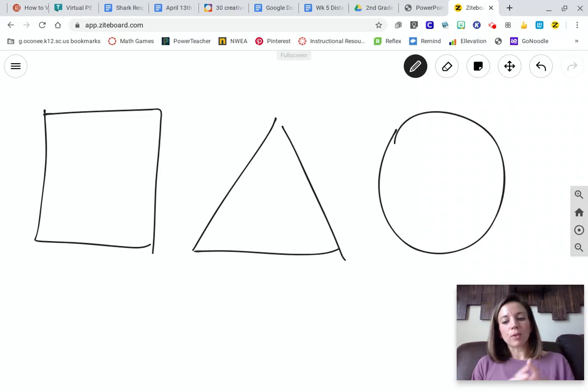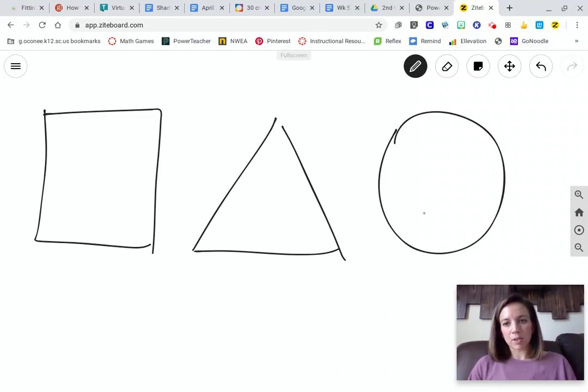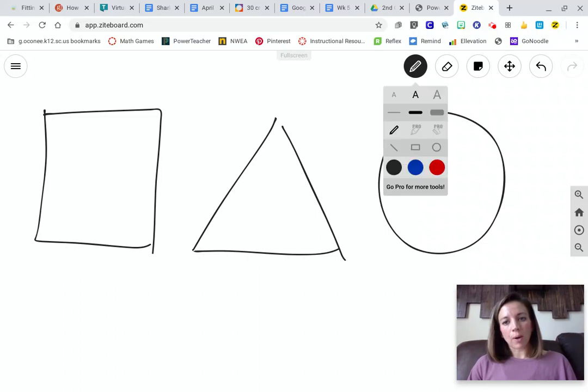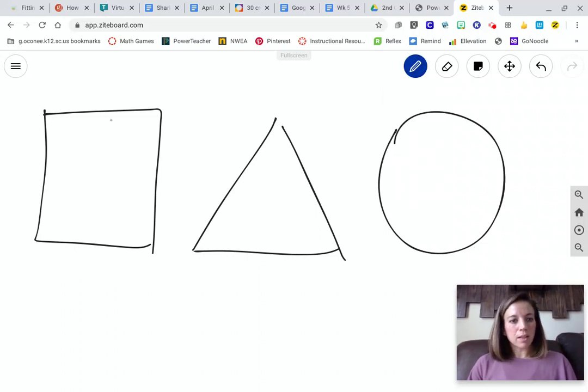Okay. So you can see my screen right now, and I've got three shapes up here. When I have the square, I can partition it in many different ways. But let's just say I partition this one into three equal parts.